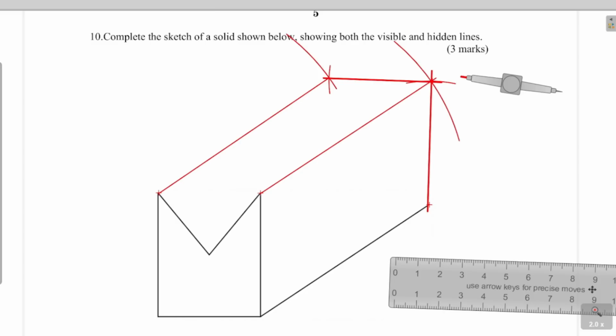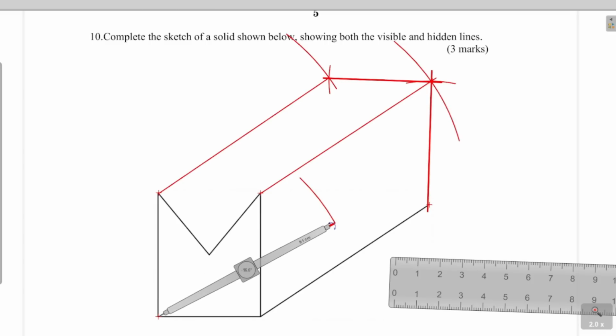So to get that one, again, we are going to get this measurement of this line, that line, and then we stand at this point, and then we can mark an arc there, like that.